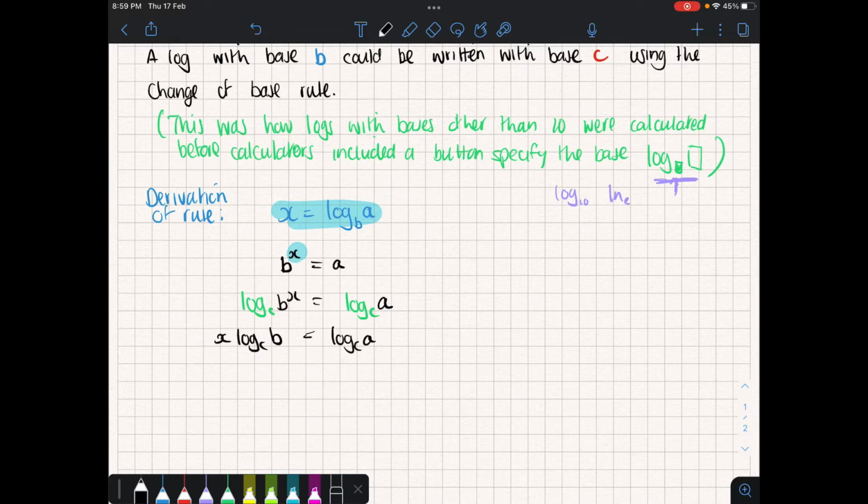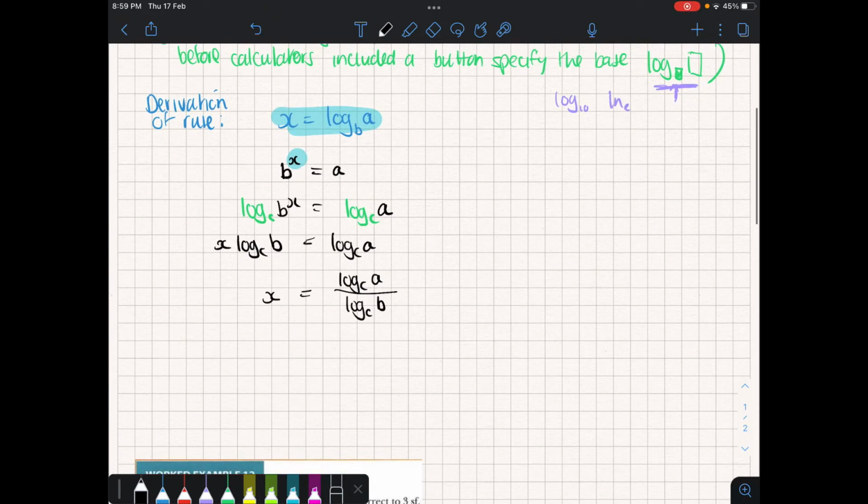And we want to solve for x again, so x is equal to log base c of a over log base c of b. So if we look back to the original equation where x was equal to log base b of a, this can now be rewritten as log of any base c of a over log of any base c of b.